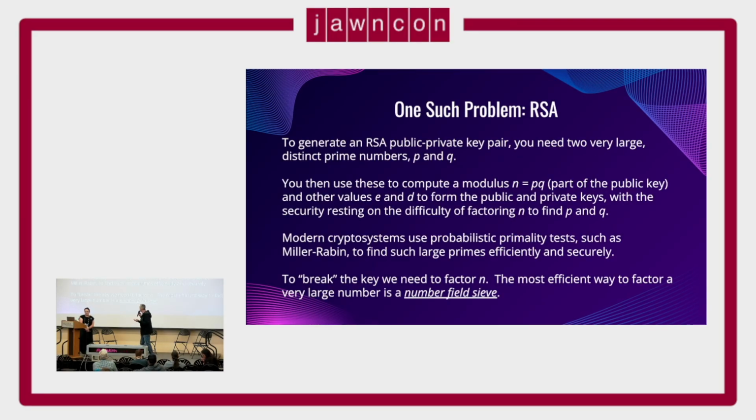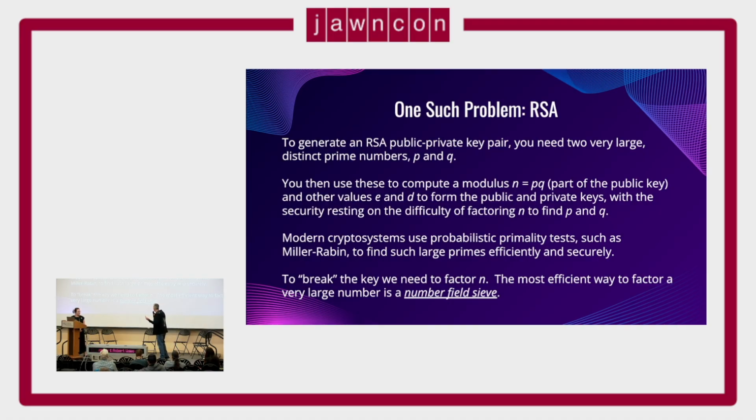RSA is typically a system that's used for that. Right now, a lot of crypto systems would use elliptic curve because it's more quantum safe, but traditionally, RSA has been a public key, private key system, or asymmetric system, that we would use to do that.